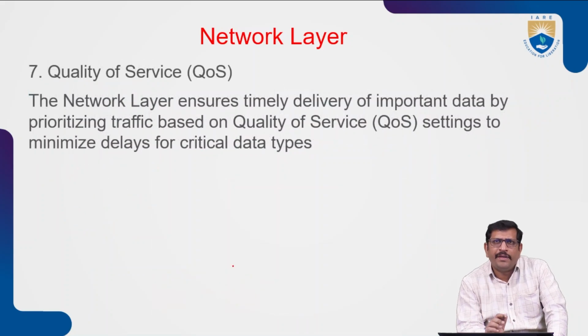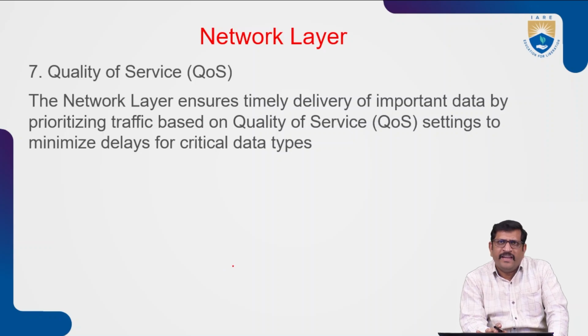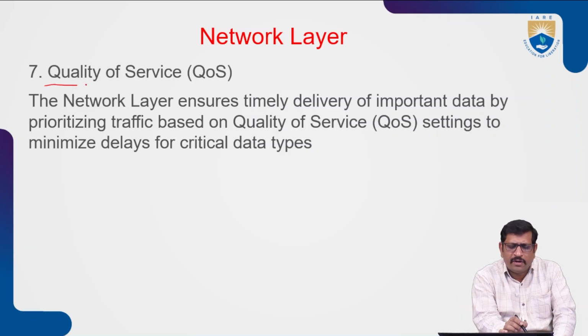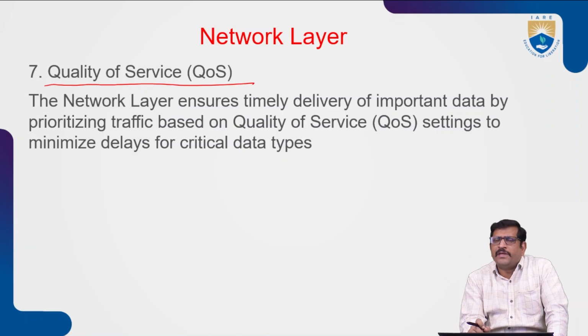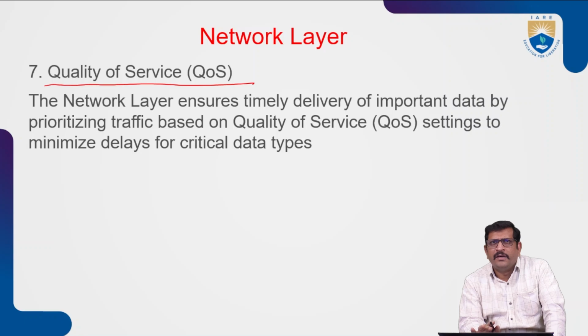Next, a functionality of the network layer is quality of service. Quality of service means correct data. The sender sends the correct data, and with the help of the network layer the exact data is delivered to the destination. Timely delivery of important data: correct data is delivered at the right time.